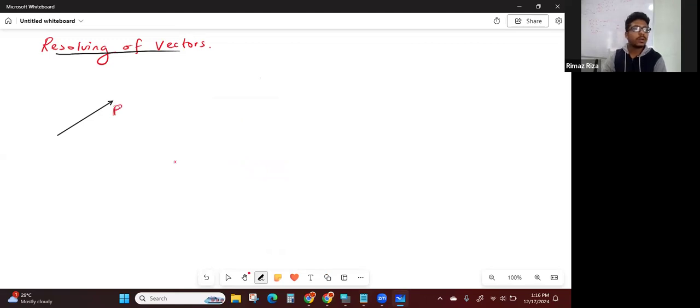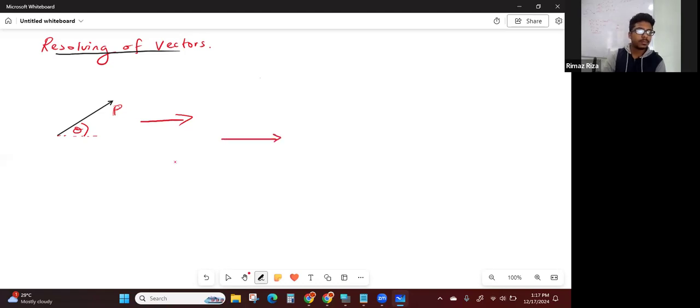Now this vector I want to resolve into two perpendicular components. So if I say this angle is theta, then I can resolve this vector into two perpendicular components. As towards the angle, it will be P cos theta.